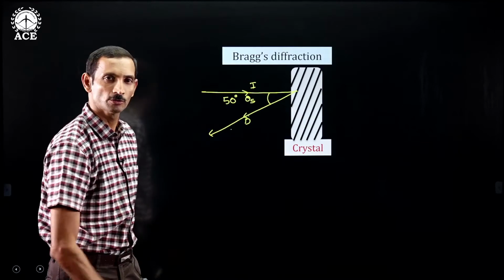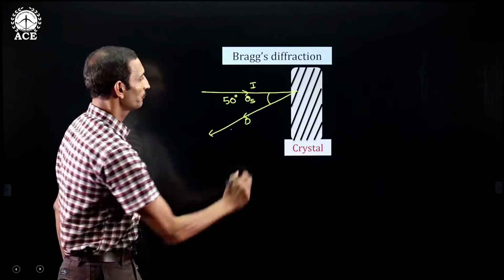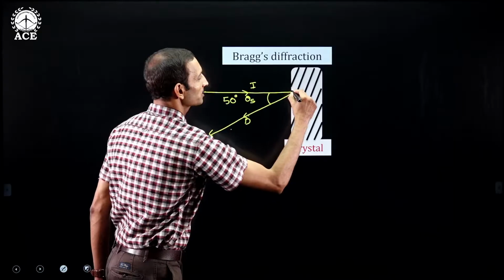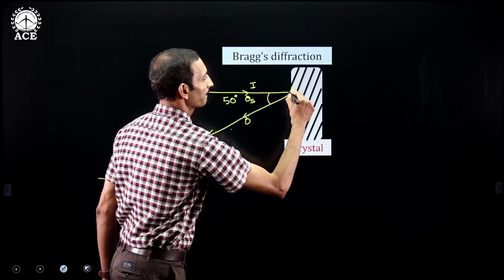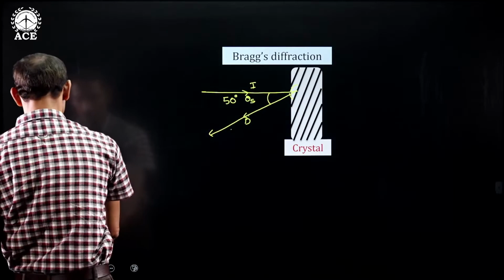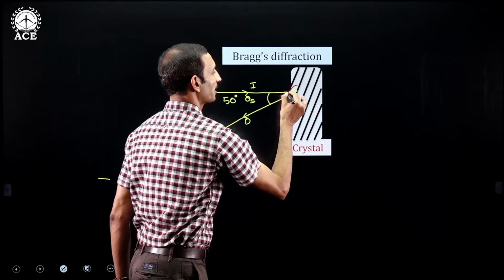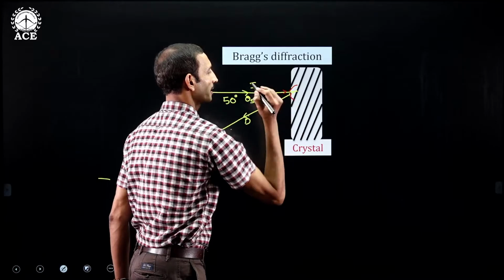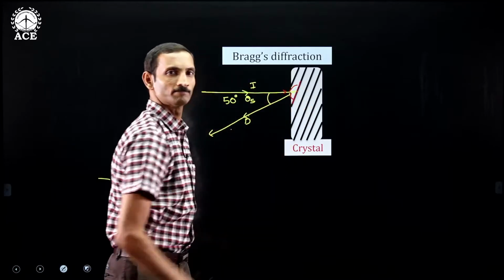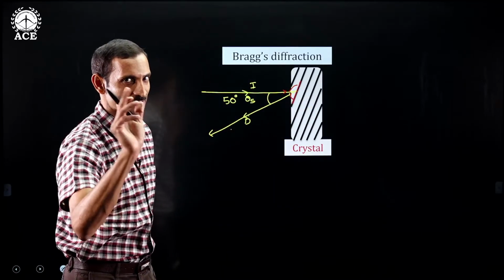I am asking about this particular angle. That angle is the angle made by either the incident ray or the diffracted ray with the plane, which is nothing but Bragg's angle.